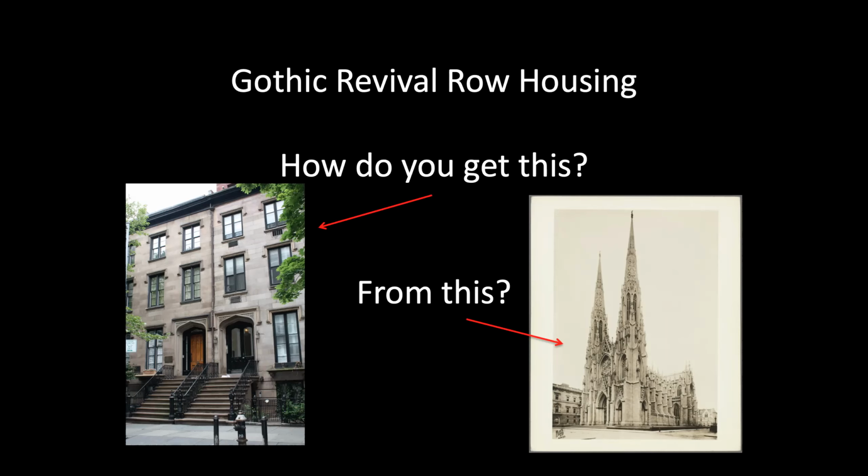It worked a little bit better if there was a standalone Gothic revival house where the architect wasn't so constrained by that 25 by 100 foot building lot. But in terms of row housing, it was really quite the challenge to make a row house look like a cathedral. So let's see what they look like.